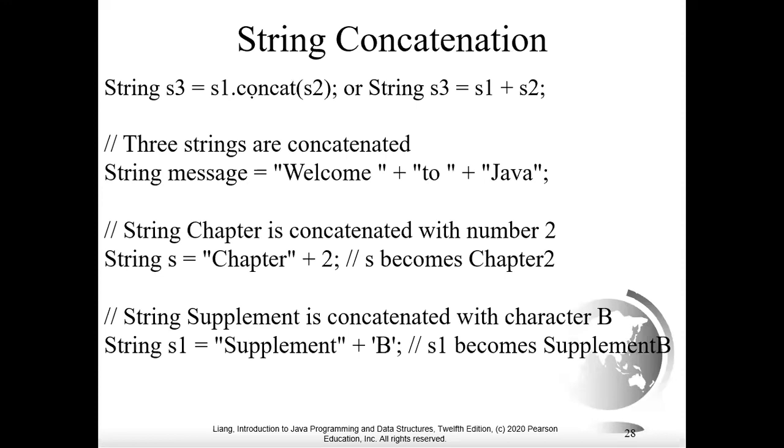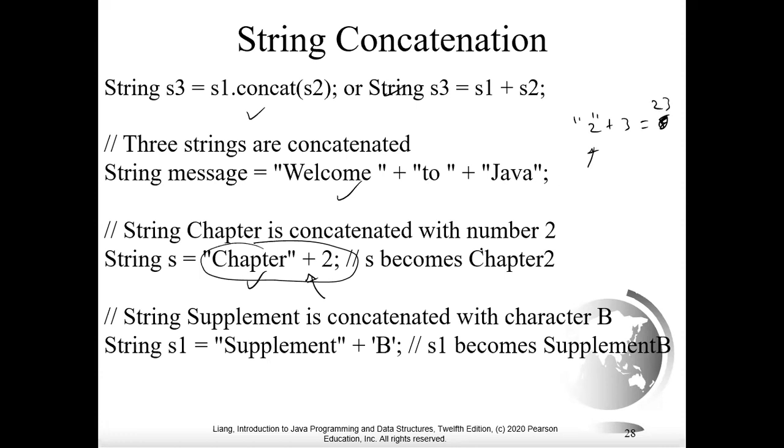So, we looked at this, and that. Whenever you write "chapter" plus 2, what happens? When you have a plus here, 2 plus 3 is 5. But when you write this down, this is a string.